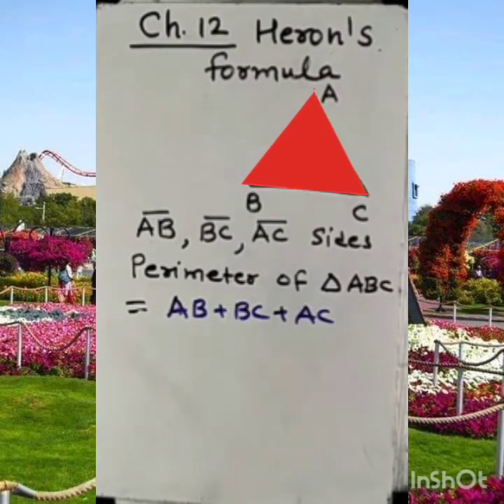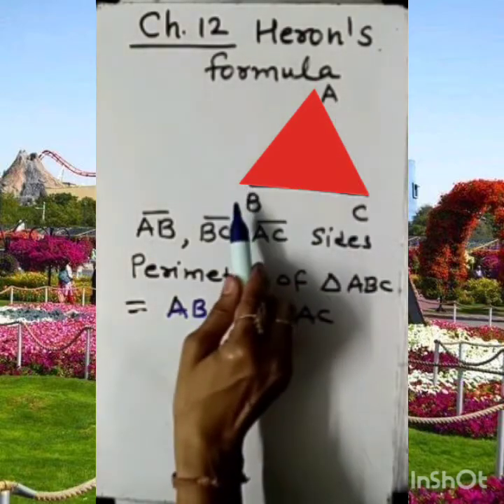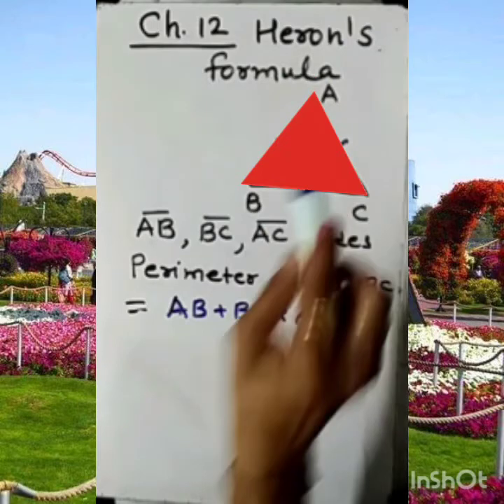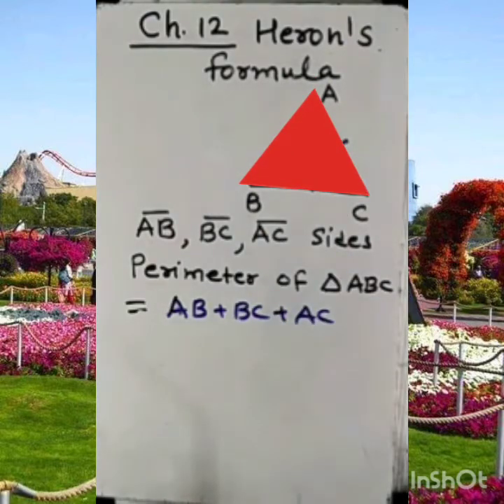Why should we not write 3AB here? As we know, dear student, suppose for a while that ABC is an equilateral triangle. Equilateral indicates all three sides are equal.